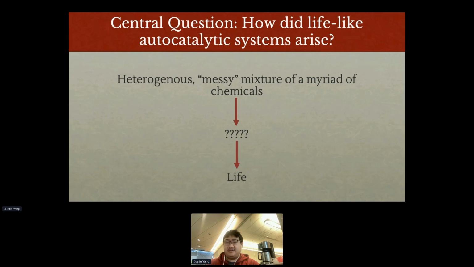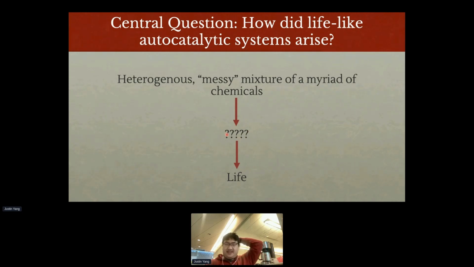We know from prior research that life arose from a heterogeneous, messy mixture consisting of a myriad of different chemicals, with that timeline progressing through some unknown events in the middle, but ultimately getting to the end product that is life. And so we are mainly concerned with what happens in the middle.